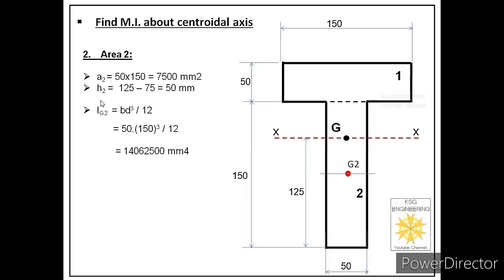Now we got these three values. So by the parallel axis theorem we can find the moment of inertia of area 2 about the main axis. That will be called Ix2. So it will be equal to Ig2 plus A2 H2 square. So put these values in this equation. We will get the moment of inertia of area 2 about the main axis, that is Ix2.